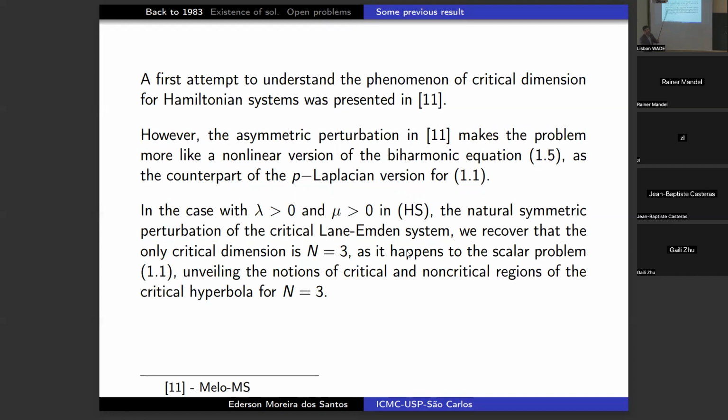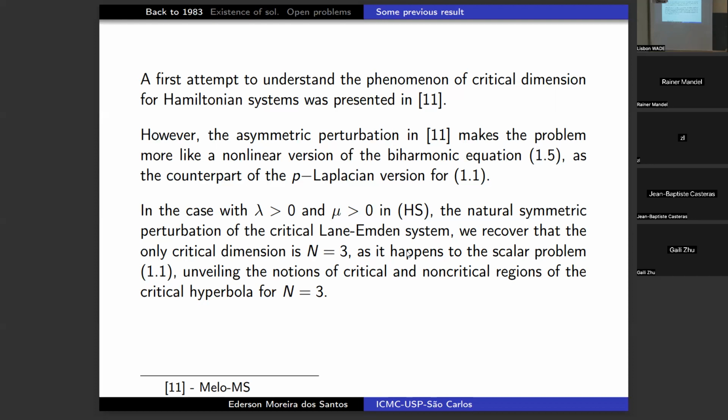So the first attempt, I would say, was in this paper with Jessica from 2015. In this paper, what we did, we considered a particular case of perturbation.